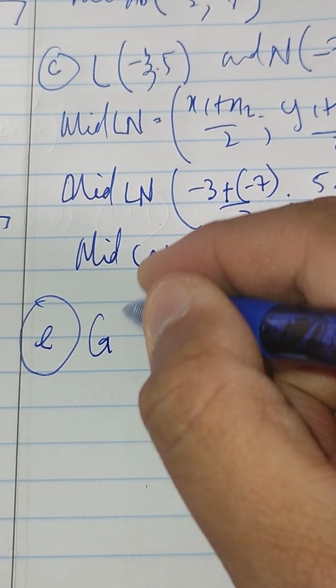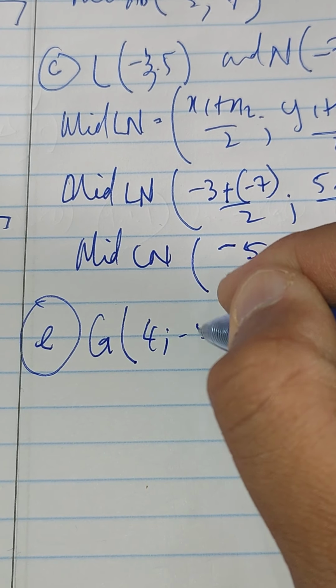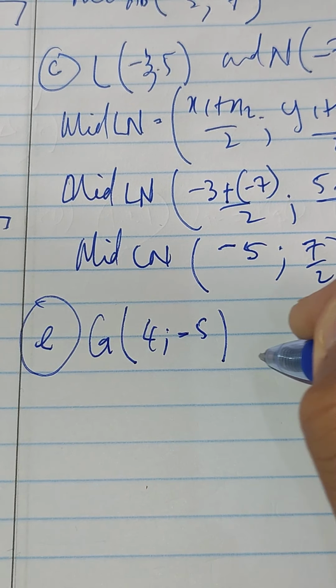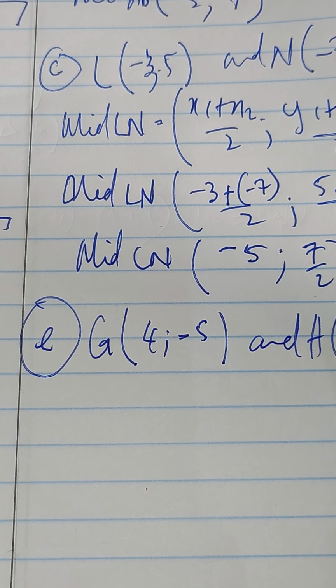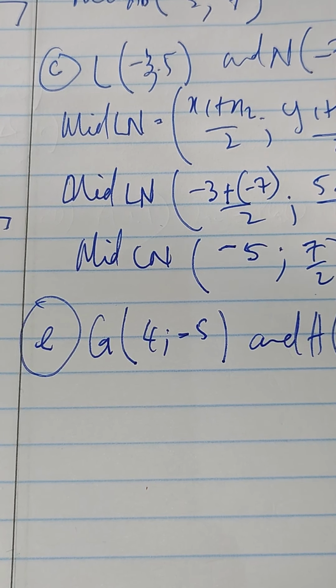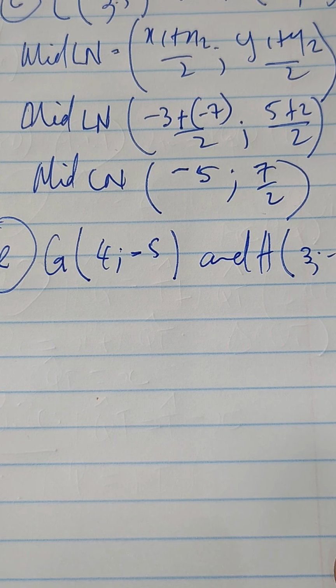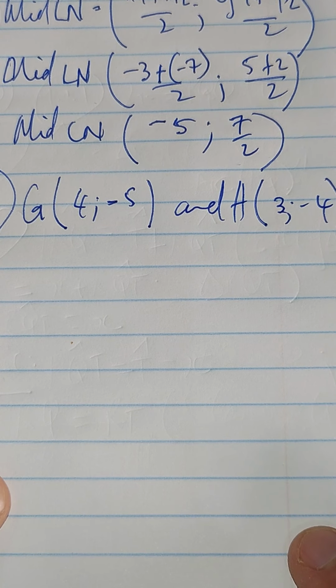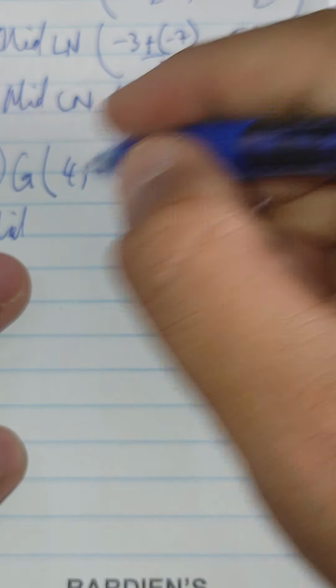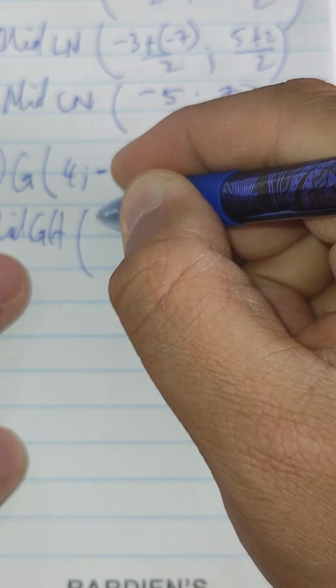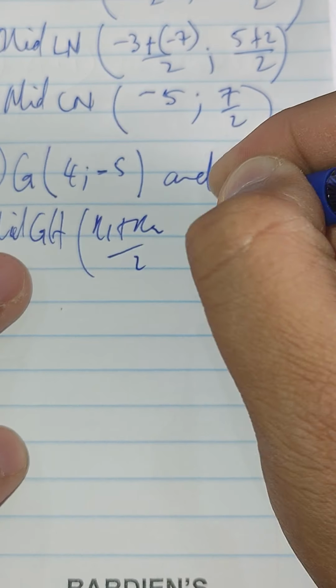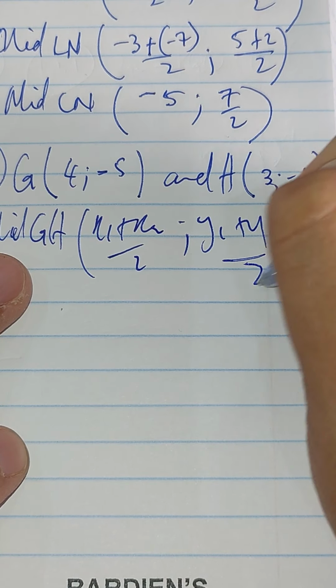Let's look at 2e. E's coordinates are G, which is 4 and negative 5, and H is going to be 3 and negative 4. So the midpoint of GH will be x1 plus x2 over 2, y1 plus y2 over 2.